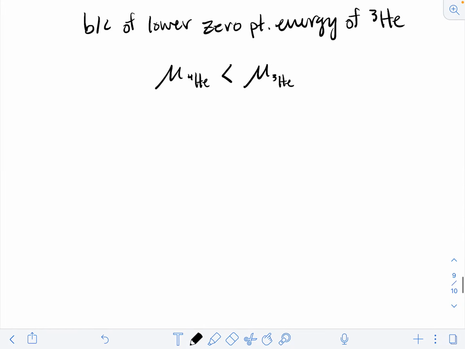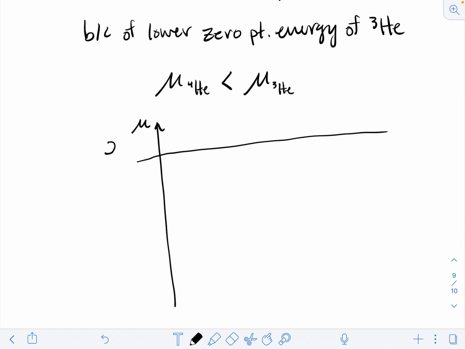And so what we could do is we could draw a picture here. And so this axis is chemical potential, and over here is going to be 0.